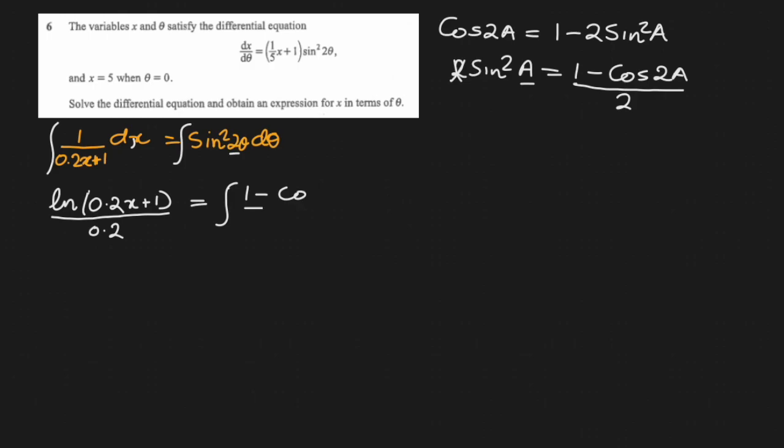So I will write 1 over 2 outside, so that I am just left with cos 4 theta d theta here. Why 4 theta? Because 2 is here in the identity and 2 theta was the actual angle. So double of 2 theta is 4 theta.